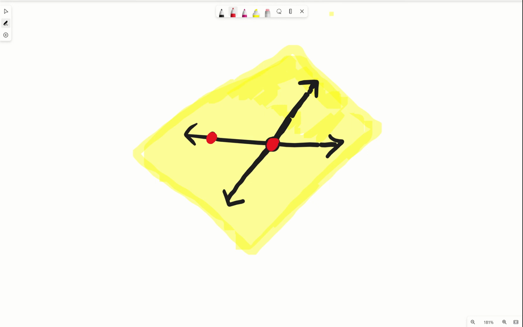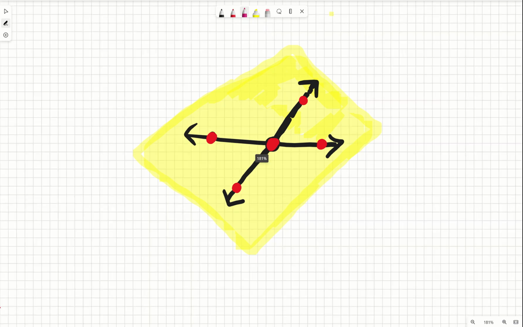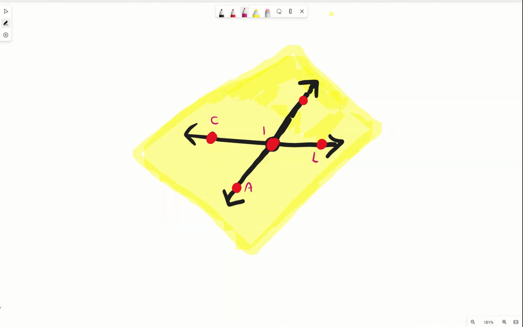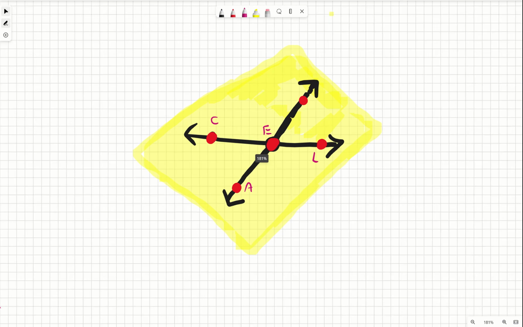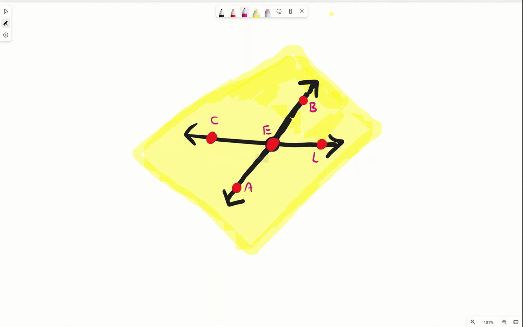Got a point, point, point, point, and point. Now what do we want to call these? We'll call them point C, point A, point L, point E, and point B.